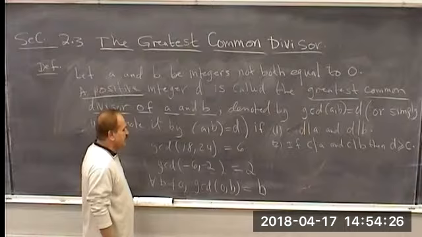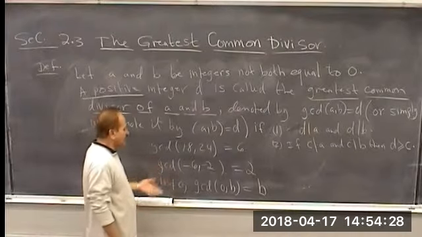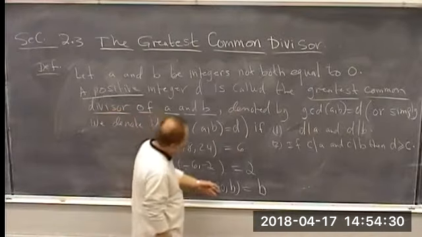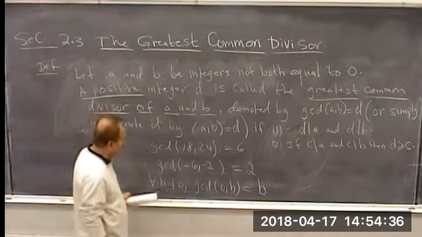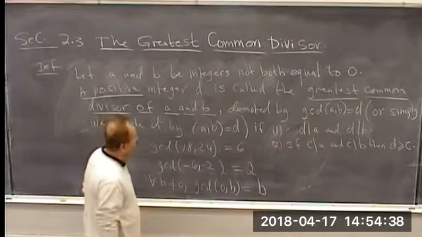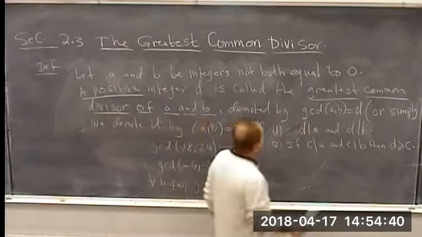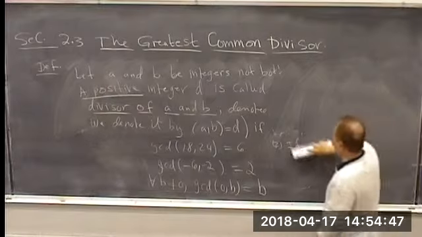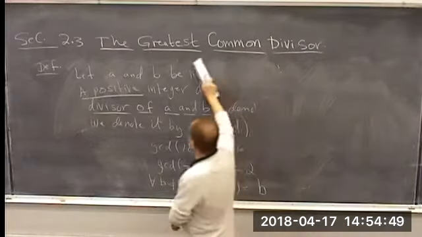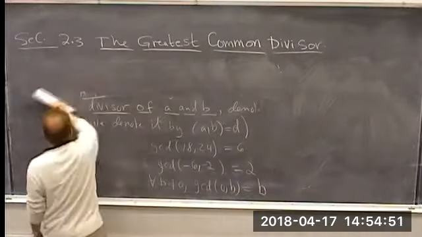And b divides itself, and the largest positive among the divisors of these is going to be equal to b. We need both of them, all right? We know that 0 has infinitely many divisors, all the integers other than 0 itself, but we need a common one, and that leads us to b.